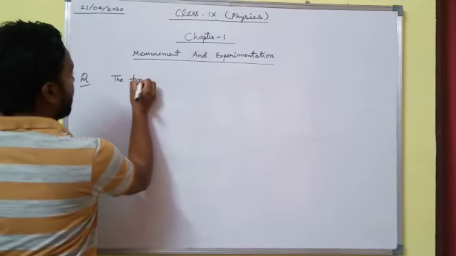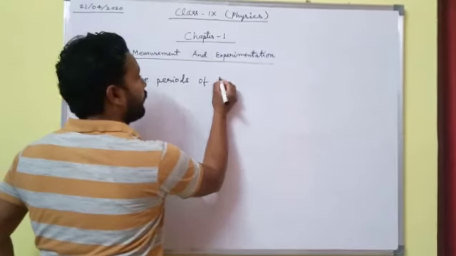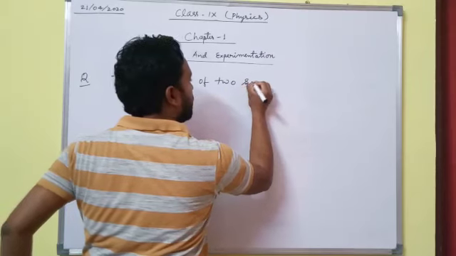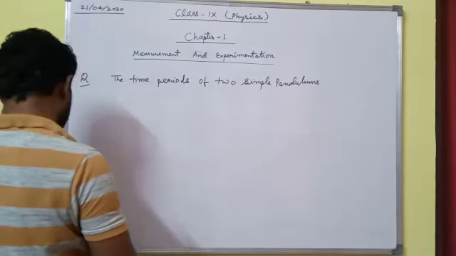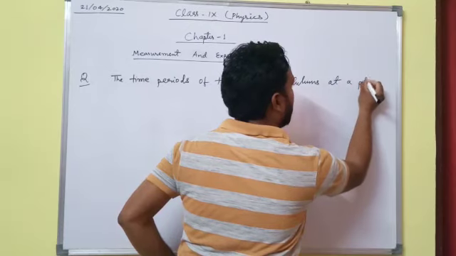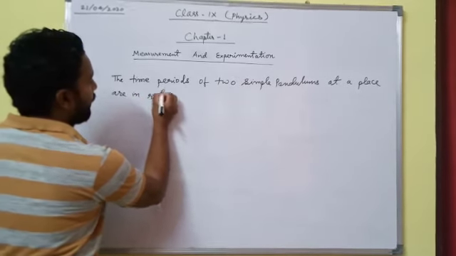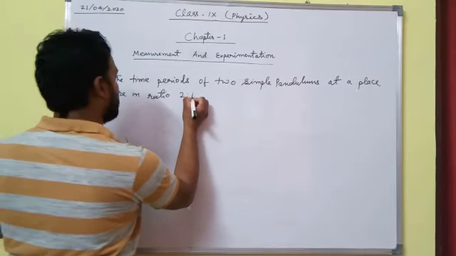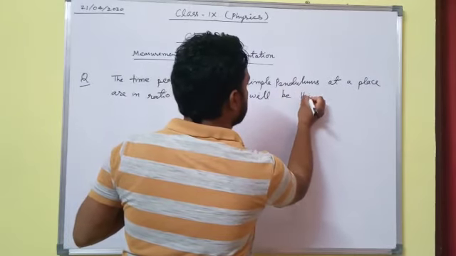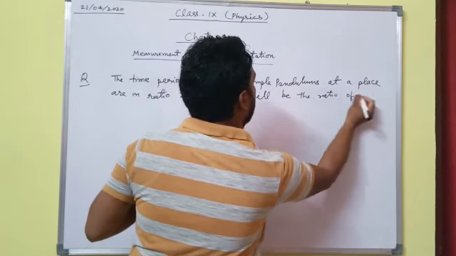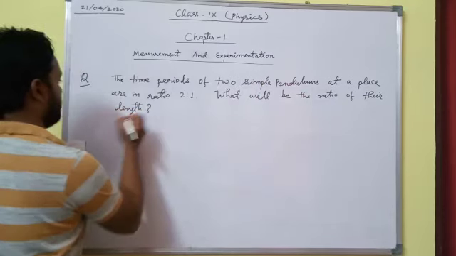The time period of two simple pendulums at a place are in ratio 2:1. What will be the ratio of their length?